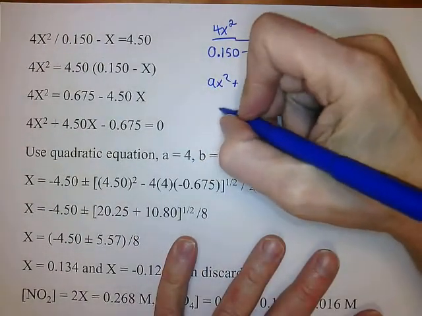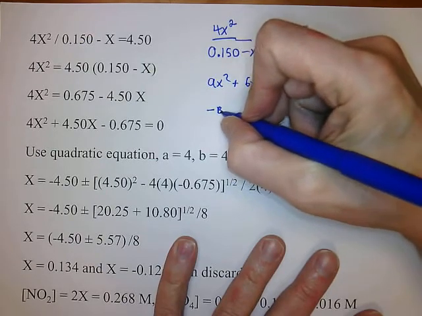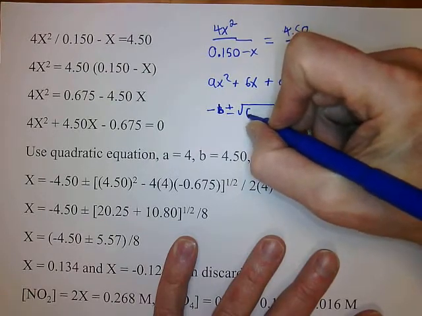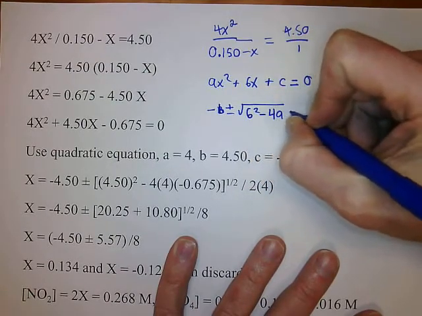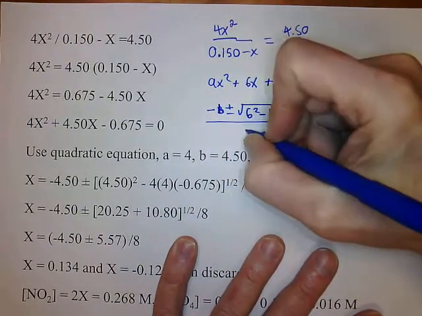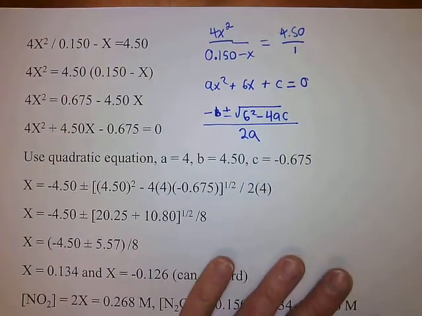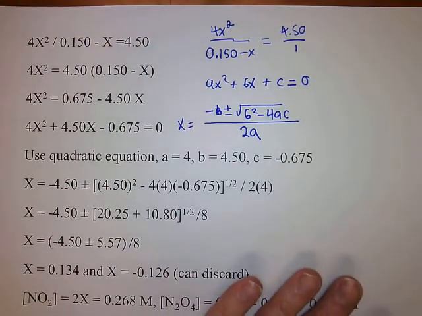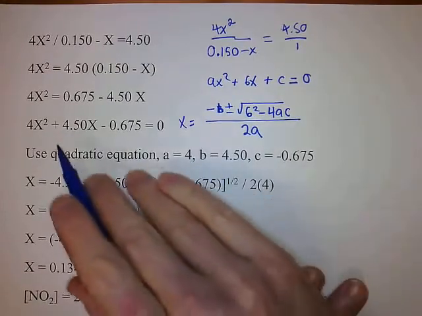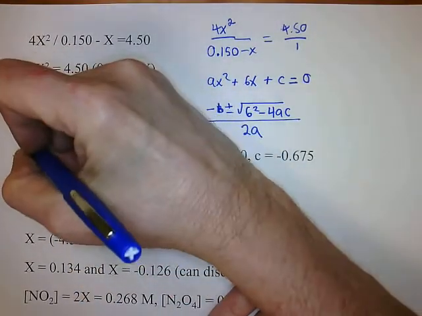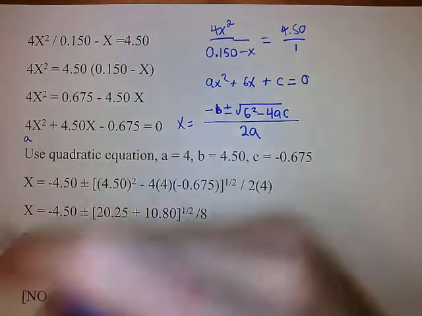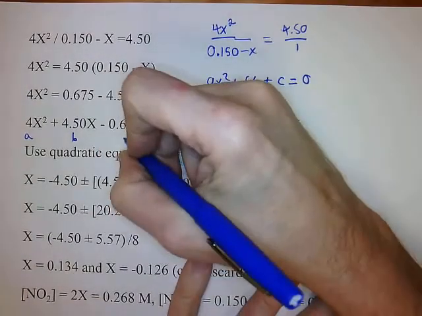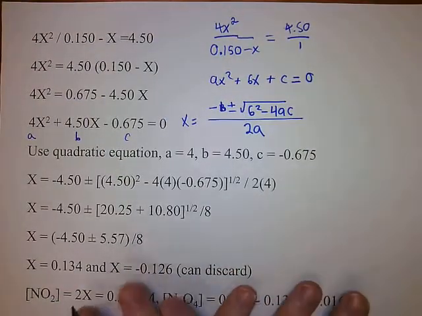Your solution is negative b plus or minus the square root of b squared minus 4ac, all of that divided by 2a. Okay, so a is 4, and b is 4.50, and c is negative 0.675.